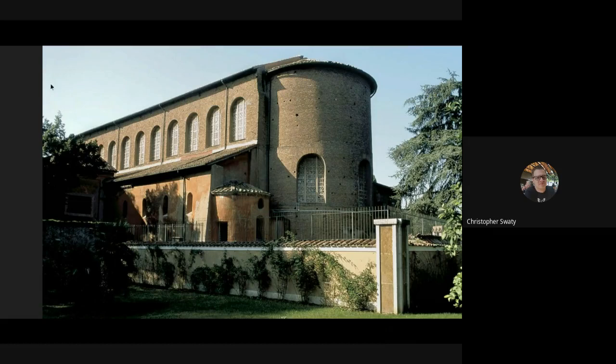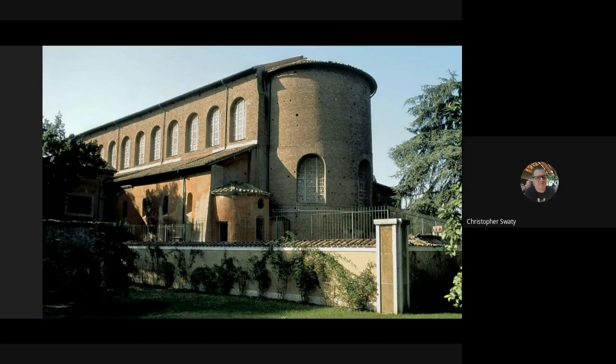So they have to go about thinking like, okay, well, now Christianity is not only okay, but how can we practice when we haven't been able to practice openly in a long time? So what they do is they repurpose a lot of older buildings.